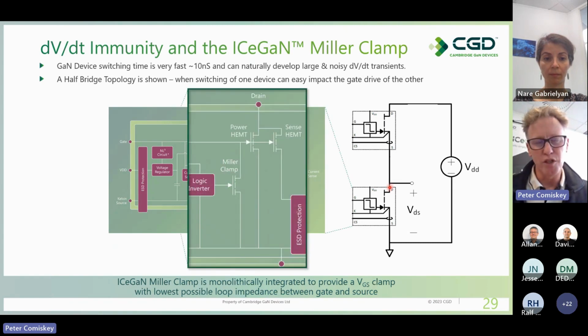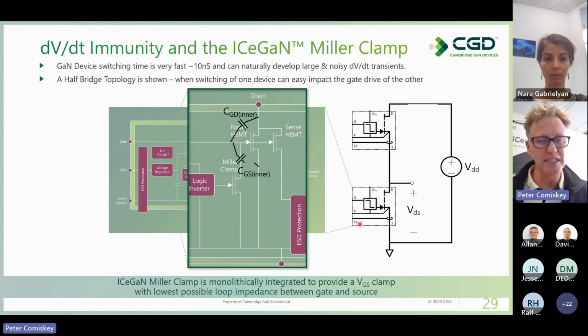If we look at this a little closer, initially when our VDS on the low side device is low, then our CGS is discharged. When the high side device turns on, we present a very fast dV/dt transient on the drain, which then couples to the gate of the low side device.